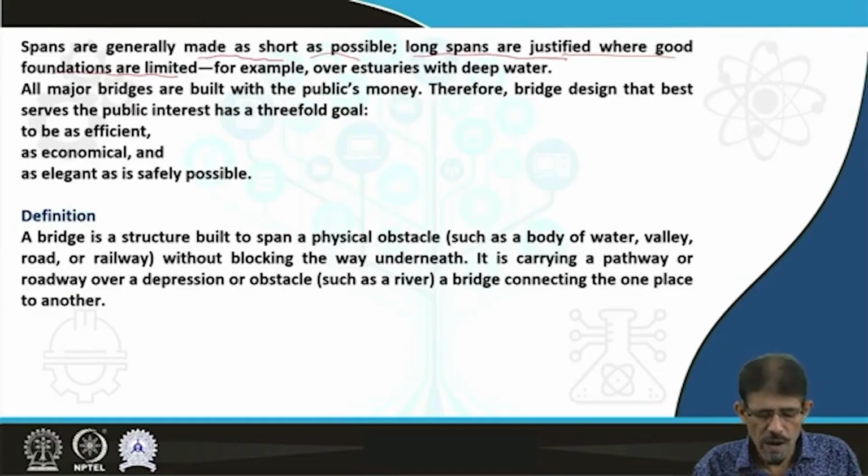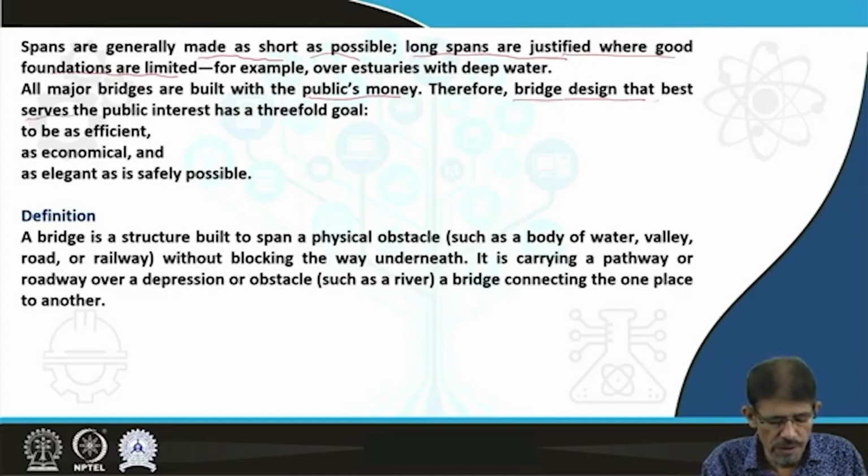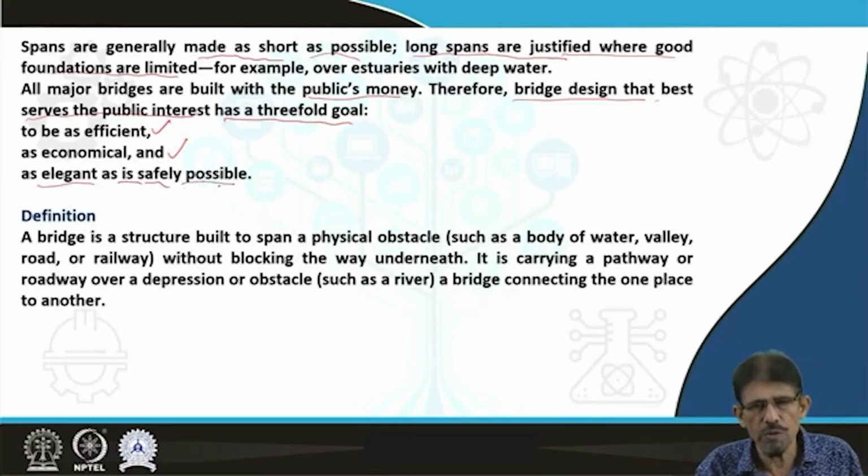and others. All major bridges are built with public money, therefore a bridge design that best serves the public interest has a threshold goal: to be efficient, to be economical and as elegant as is safely possible.